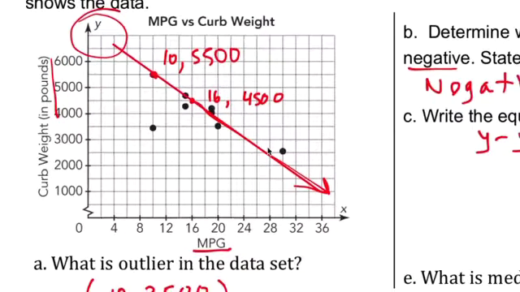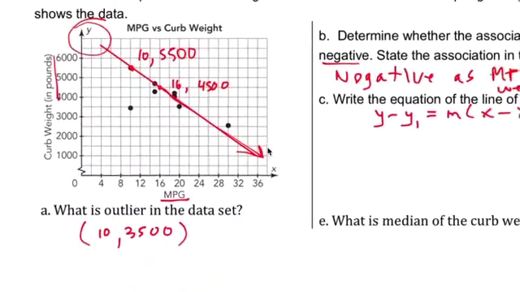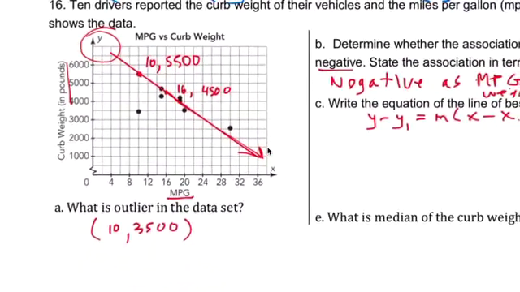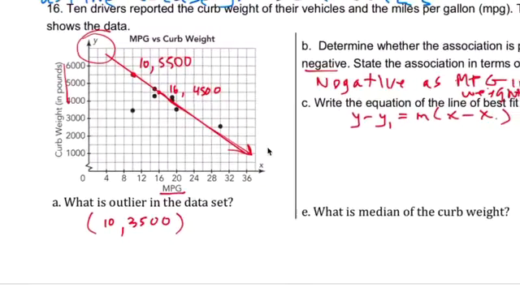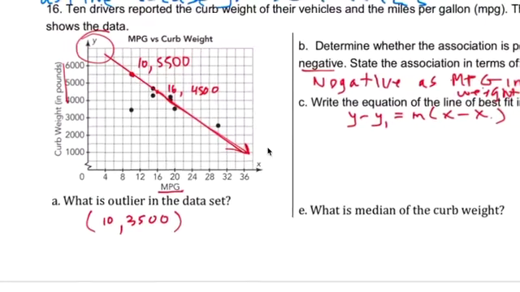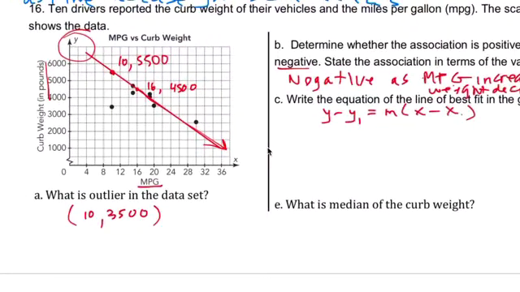Negative 1000 over 6 is the slope, which can be reduced by 2. Half of 1000 is 500 over 3. 500 over 3 cannot be reduced, so you can use that one.